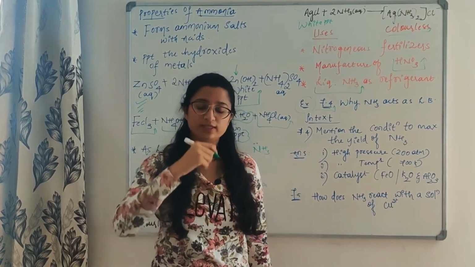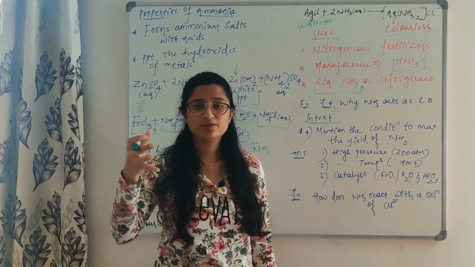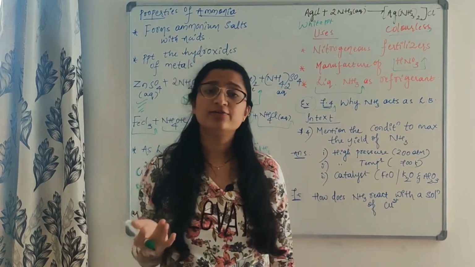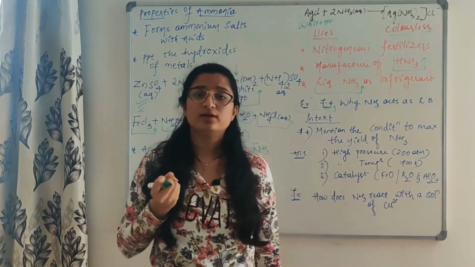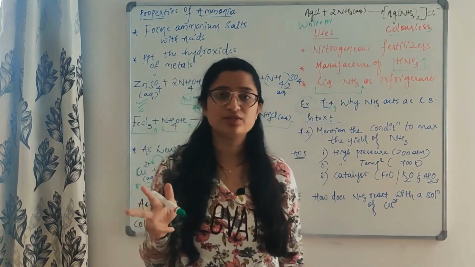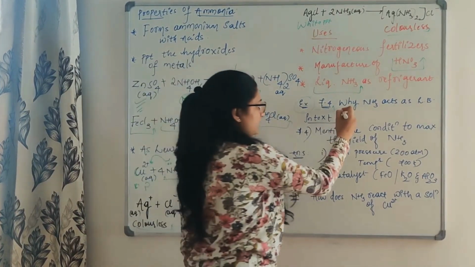If any species is giving the lone pair of electrons, it is called a Lewis base. If it is accepting the lone pair of electrons, then it is called a Lewis acid. So these two things you have to remember. So that is the answer for this.